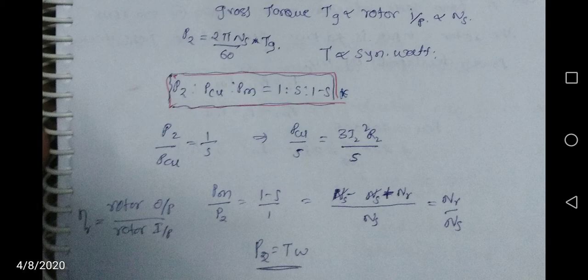So if you want the rotor efficiency, that equals rotor speed by stator flux speed. If you want the rotor output power, then divide the rotor speed by stator flux speed.